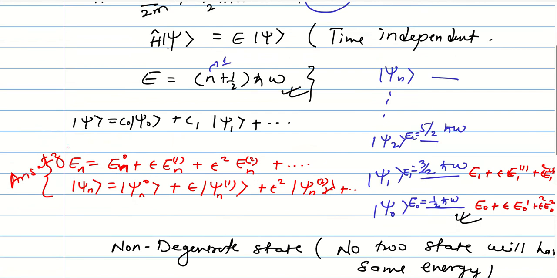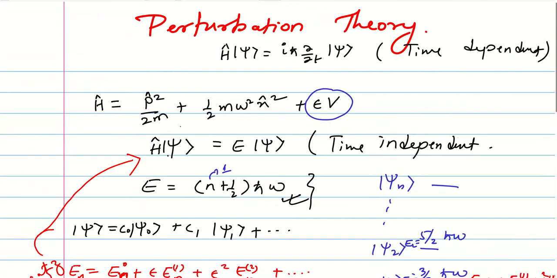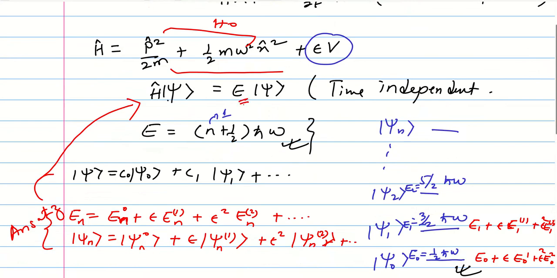Okay, so what we have to do, we have to put this one in here. So H will be replaced by this whole thing. Let's call this one H naught, right? So H naught for a simple harmonic oscillator takes this form, and for other systems H naught can be of a different form. Okay, so H will be replaced with H naught plus epsilon times this extra perturbative term, E will be replaced with this one, and psi will be replaced with all these terms.